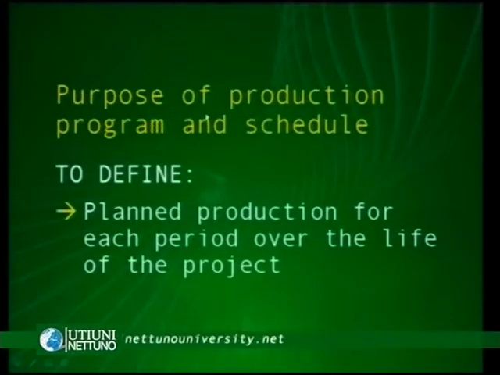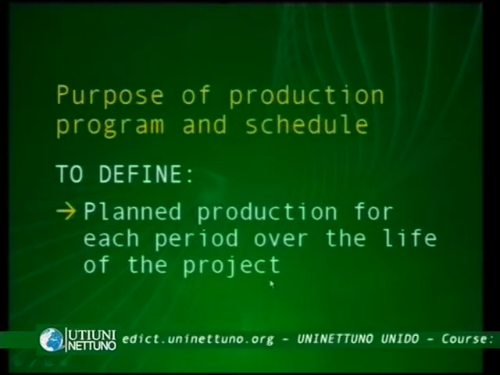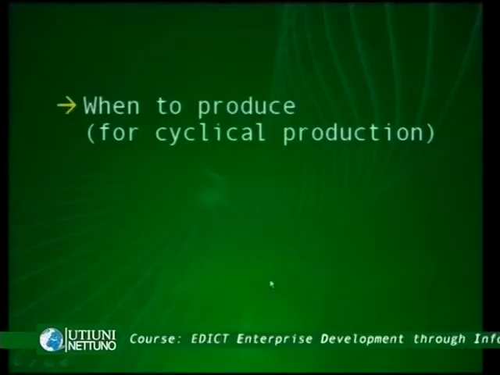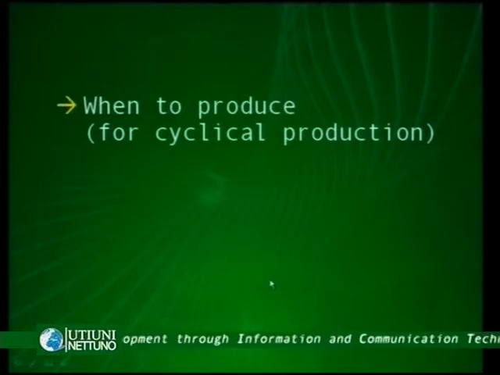The purpose of production program and schedule can be summarized in the definition of, so it's aimed to define planned production for each period over the life of the project. So it's a schedule in terms of time periods for each phase of the project. Further, it's about the decision on when to produce, mostly for cyclical production.